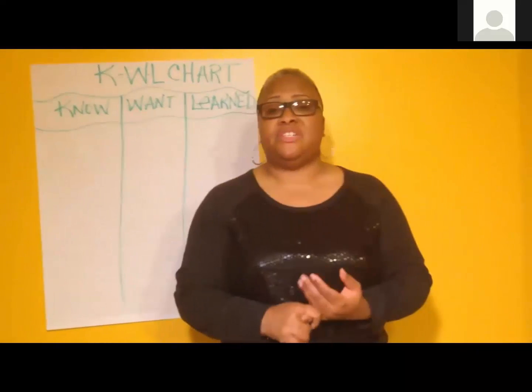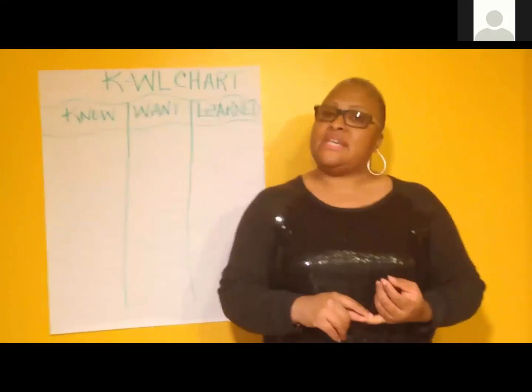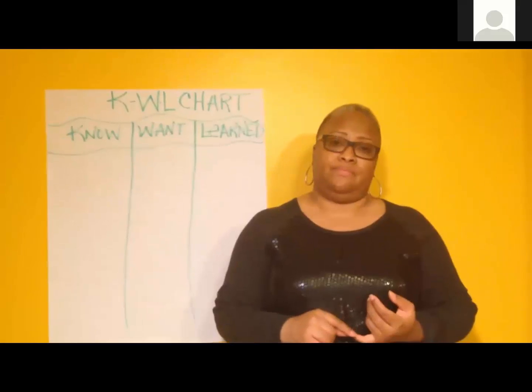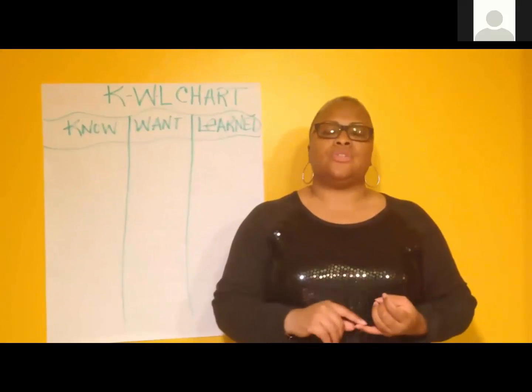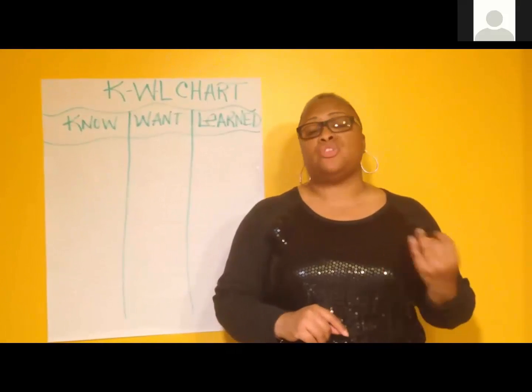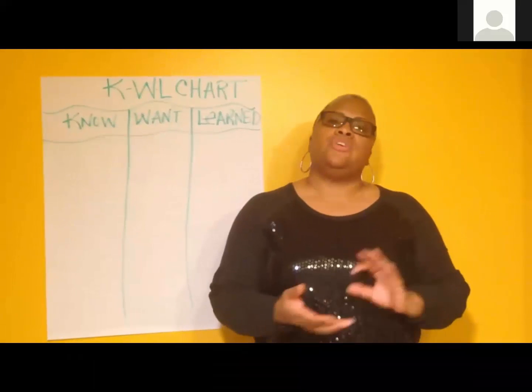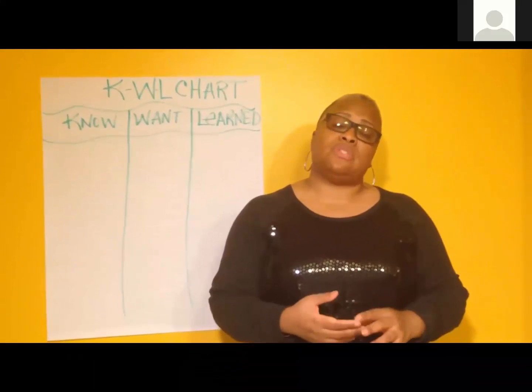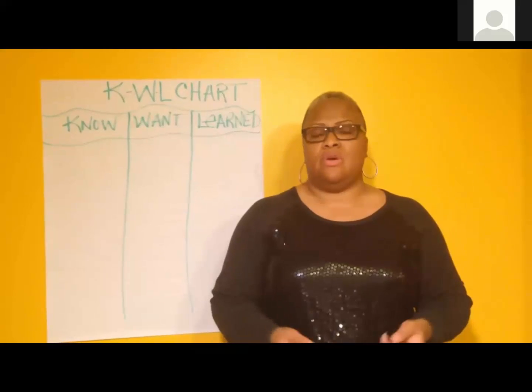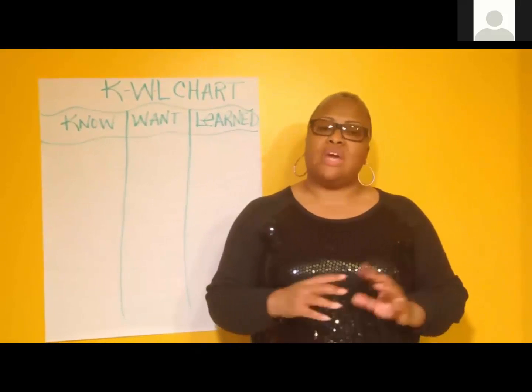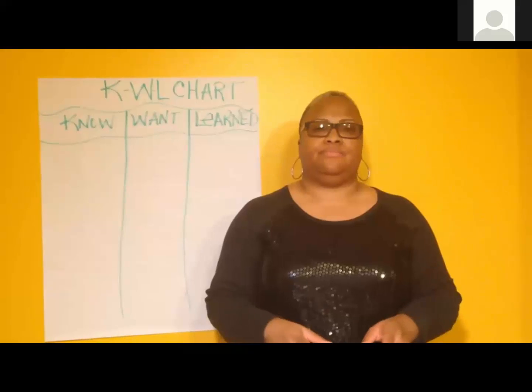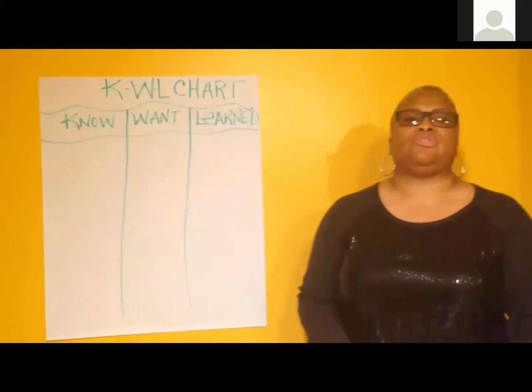The purpose of teaching this strategy is to access the students' prior knowledge. Another reason, you will also interact with a portion of the text prior to reading. You might identify vocabulary words that the students may have a problem with, or you might construct meaning before actually reading the text. Now let's go back to the KWL chart.